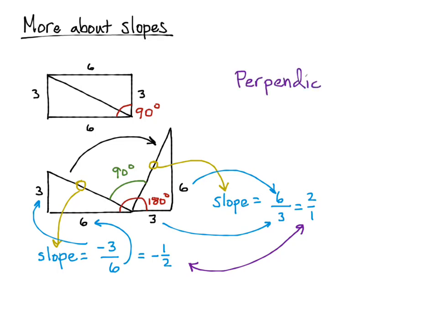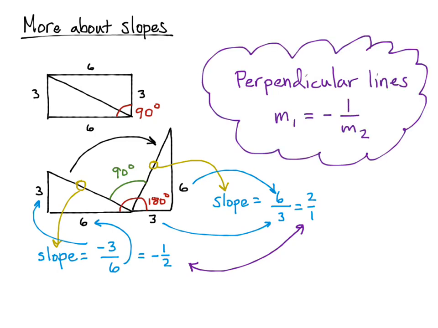We have this relationship in perpendicular lines that says that two lines are perpendicular when the slope of one is the negative reciprocal of the other. So here we can state the slope as 2 if we want, or 2 over 1. And if we take the reciprocal of this and make it negative, we get -1/2. And so there's the relationship where we can tell that perpendicular lines, indeed, the slopes have that relationship.